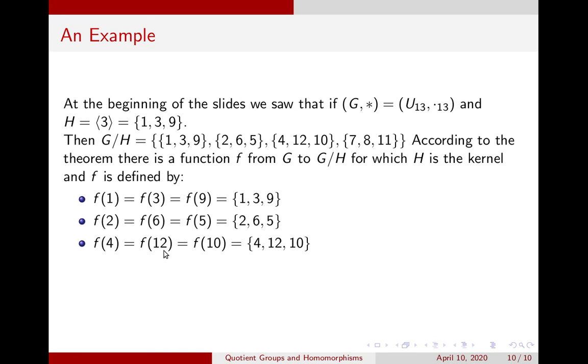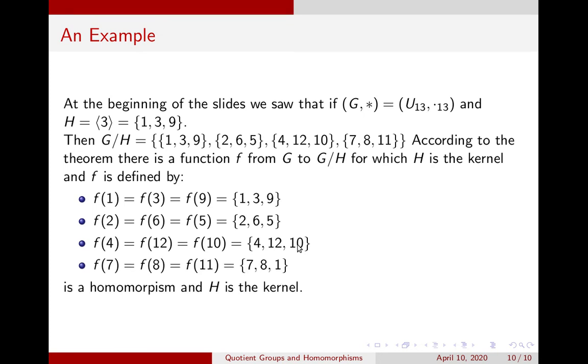F of 4, f of 12, and f of 10 are all equal to the coset {4, 12, 10}. And finally, f of 7, f of 8, and f of 11 are all equal to the right coset {7, 8, 11}. So this is a homomorphism, and H is the kernel according to the theorem.